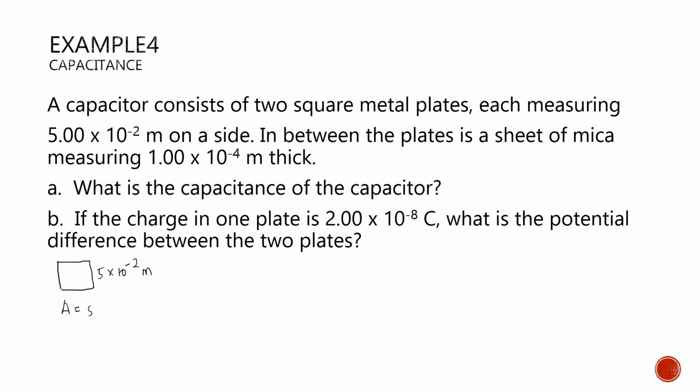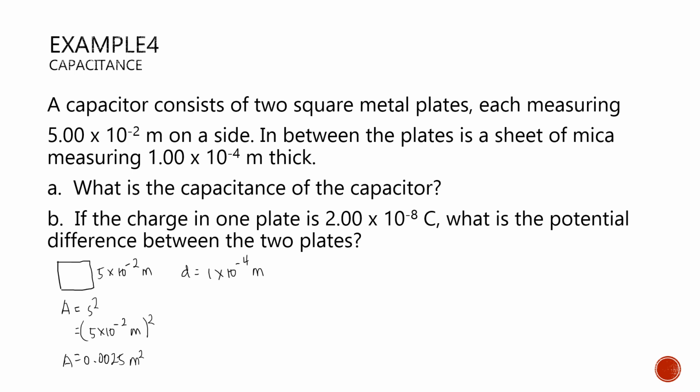That's 5 times 10 to the power of negative 2 meters, quantity squared, which is 0.0025 square meters. And we have the thickness, d, which is 1 times 10 to the negative 4 meters.